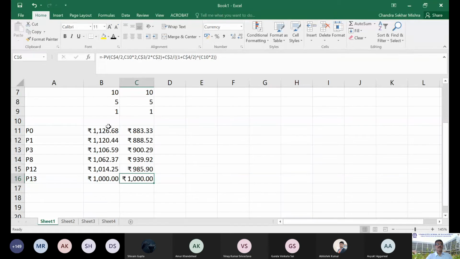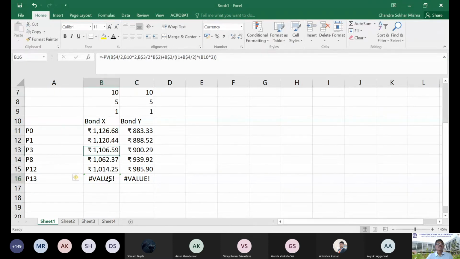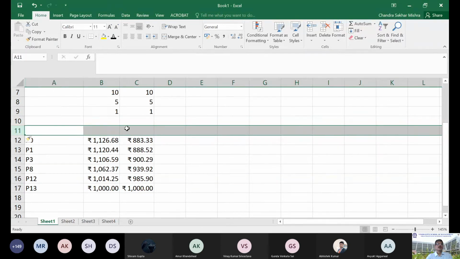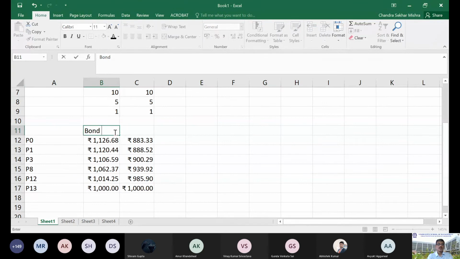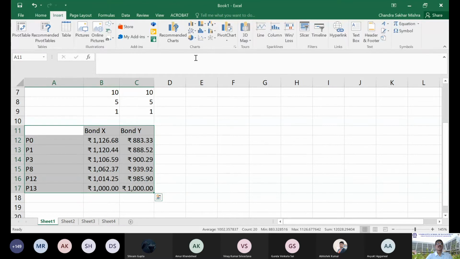Okay, now if I have to, I can plot this. Can somebody tell me how to plot this? Insert graph.